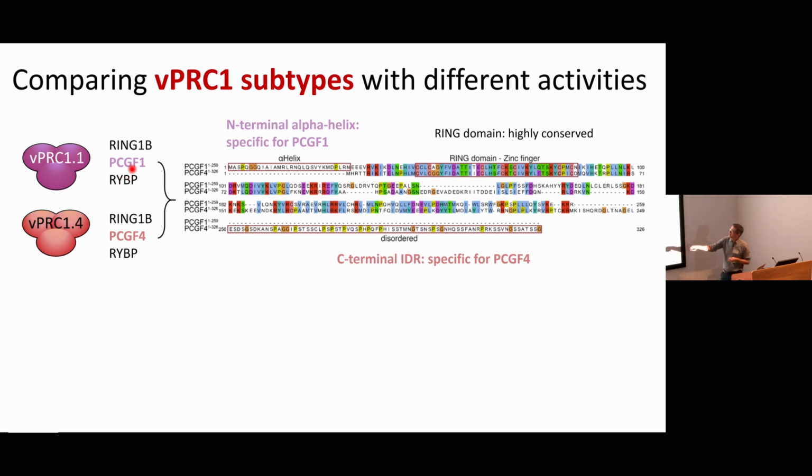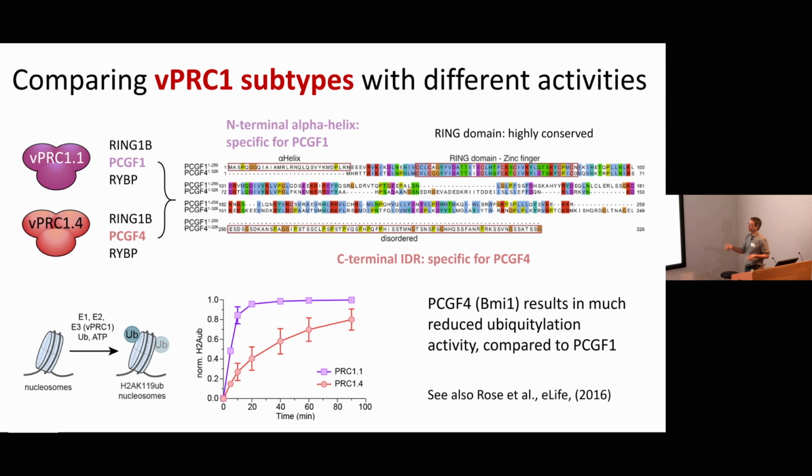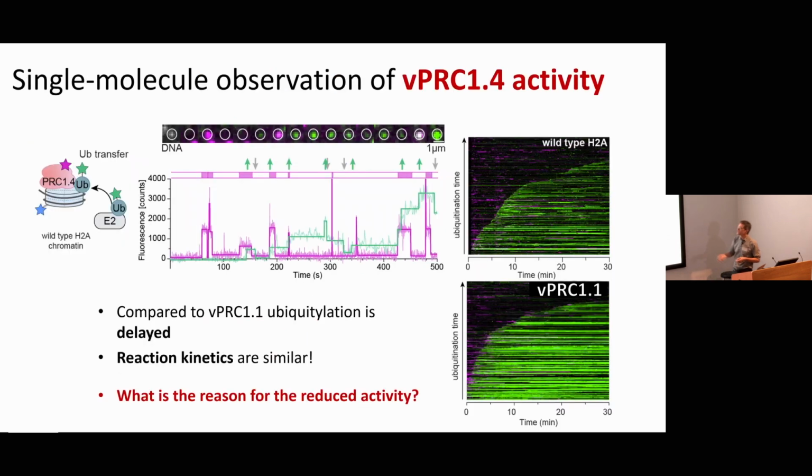We compared PCGF1, which is one of the key subunits for the canonical PRC1 and is very active, versus PCGF4, which is associated with both canonical and non-canonical PRC1 and has been reported to be much less active. And actually we can reproduce that: if we compare two complexes with either PCGF1 or PCGF4, you see the PCGF4-containing complexes give rise to much less ubiquitination. So what is the reason for this?